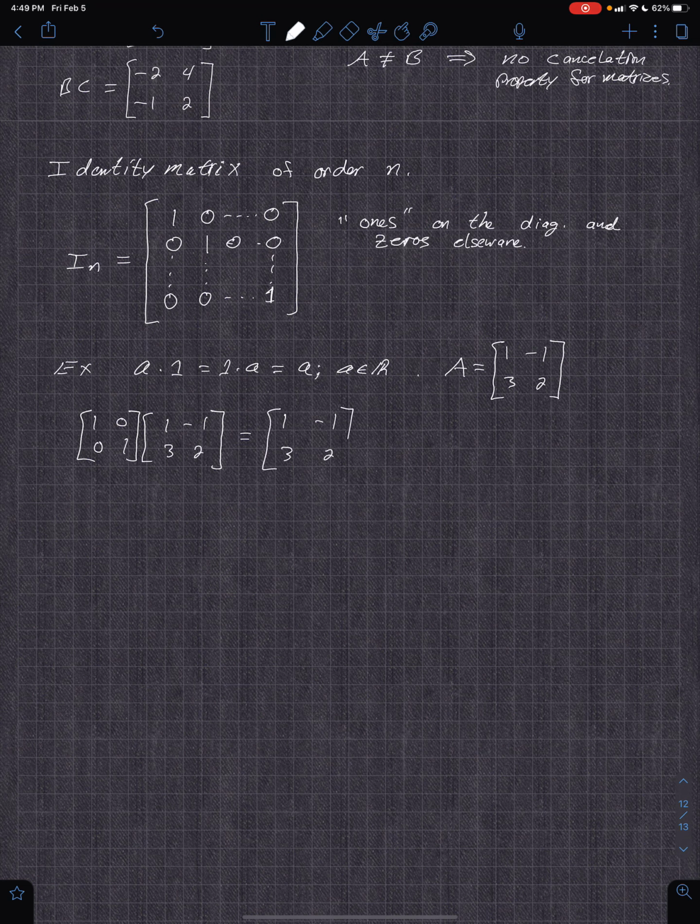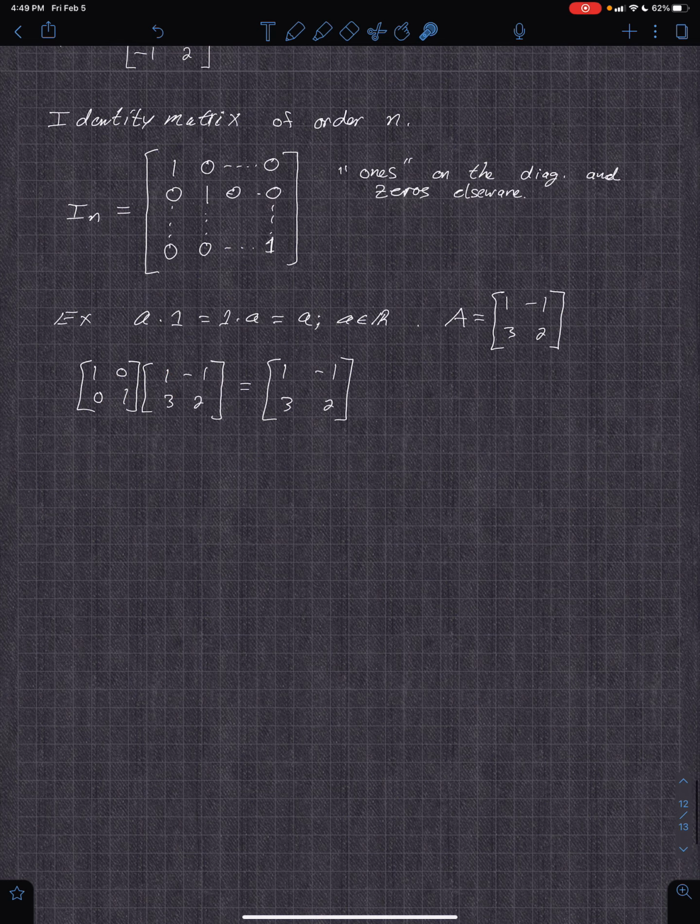I just don't want to go through all those little steps again, but you go 1 times 1 plus 0 times 3, so it's just 1. Then 1 times negative 1, 0 times that, so it just puts it back. 0 times 1 is 0, 1 times 3 puts it there. So you see how that works? And if you did the other direction, it also works.